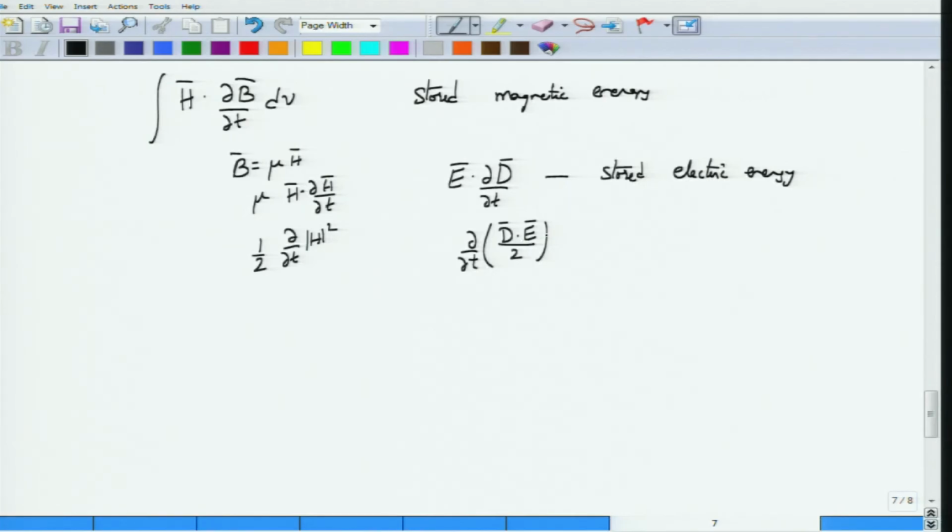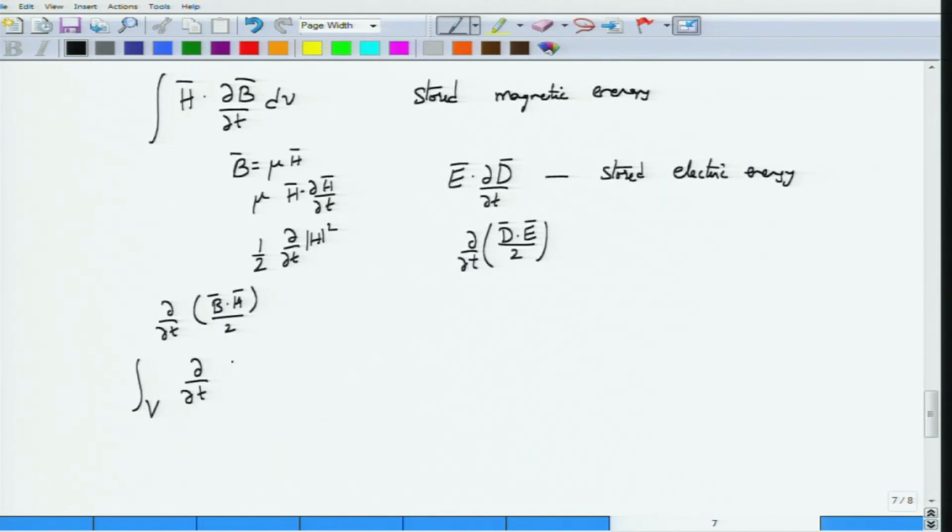So with this, and again writing this H dot del B by del T also as del by del T of B dot H by 2, I can rewrite this entire thing by interchanging the left hand and right hand side.